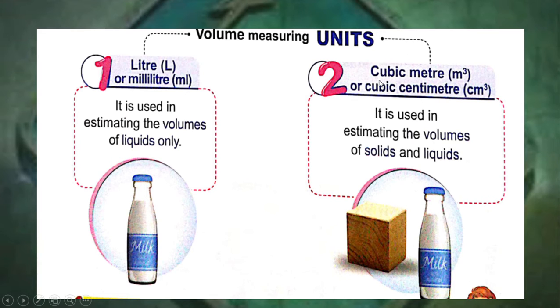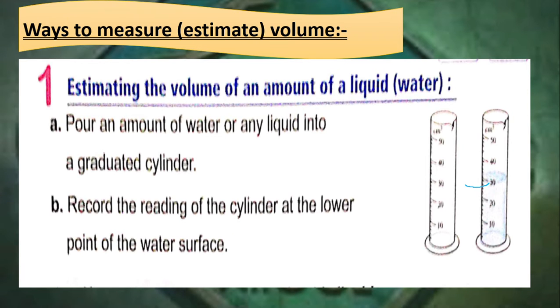And there are other units like cubic meters or cubic centimeters that are used to measure the volume of both liquids and solids, but liter and milliliter are for liquids only. Now we will identify how we can measure the volume. Let's start with the liquid.